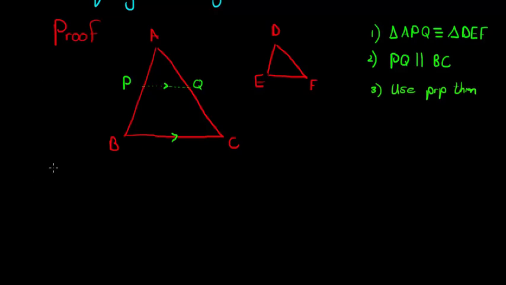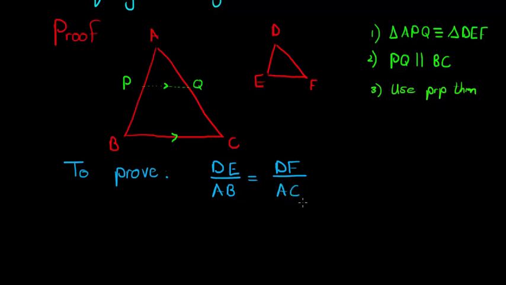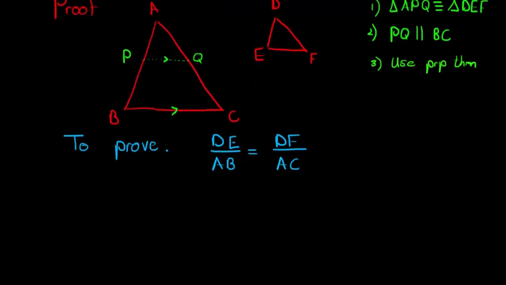Okay, so to prove, we want to prove that DE divided by AB is equal to DF divided by AC. We'll have only one construction.